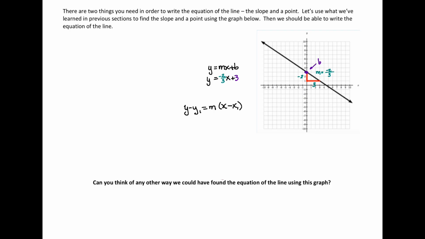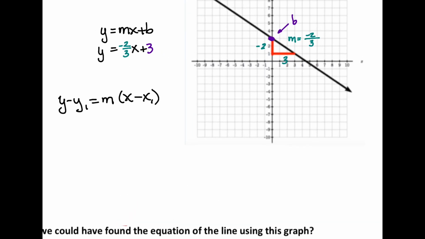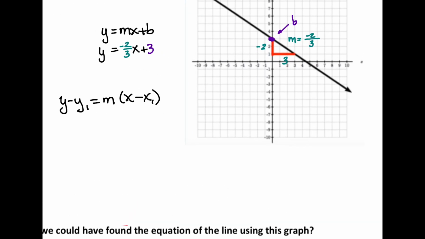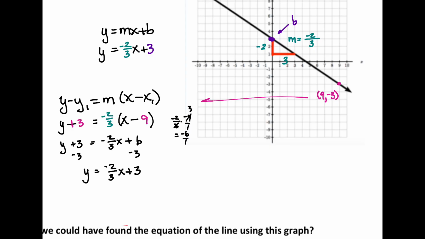So let's say instead, zooming in, let's try another point like this one. I don't know why you'd want to use that one when you have better ones. Why do I say better ones? Because smaller numbers are a lot of times easier to compute with. But if I were to put 9, negative 3 in there, I would get the same thing. And there you go if you want to try it.